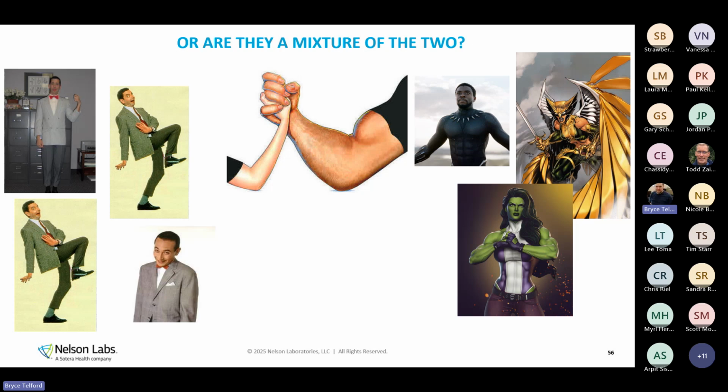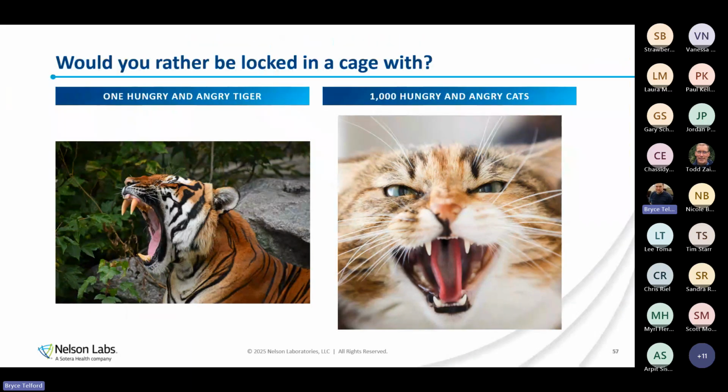Or when it comes to my product, are my microorganisms a mix of the two? What this really comes down to is a game of would you rather. Would you rather be locked in a cage with one hungry and angry tiger, or would you rather be locked into a cage with 1,000 hungry and angry cats?